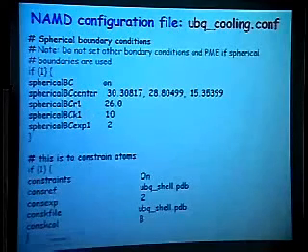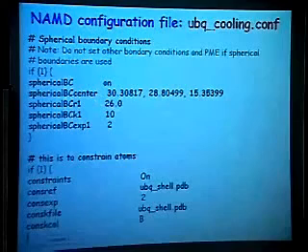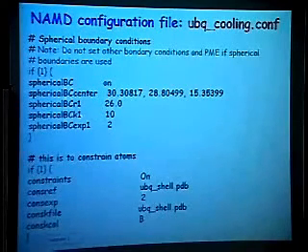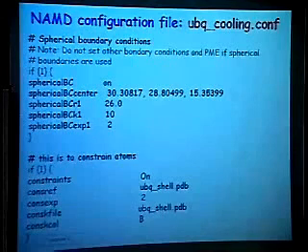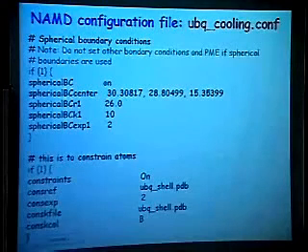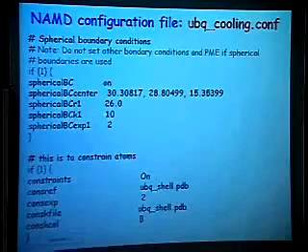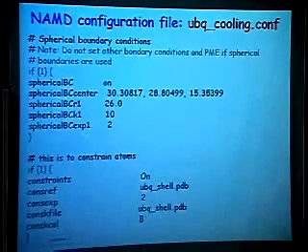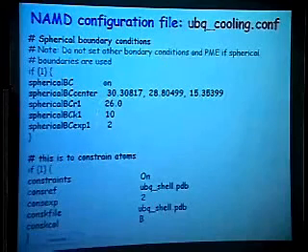So you are using spherical boundary conditions. You have to specify the center of the sphere. You have to specify the radius of the sphere, which is 26 angstrom. You have to specify the strength of the harmonic force, or the stiffness of the harmonic spring, which will keep the atoms inside that particular spherical boundary of 26 angstrom.